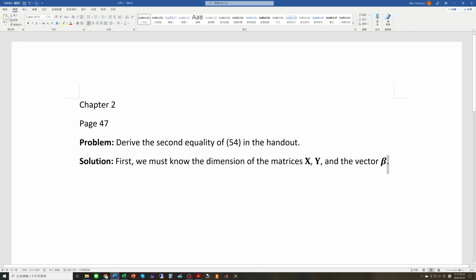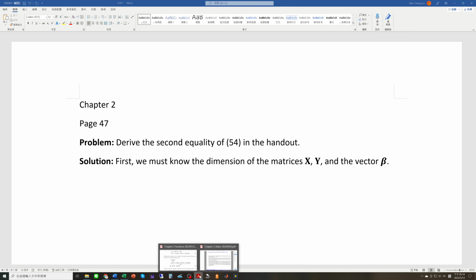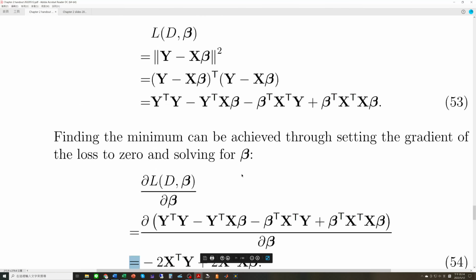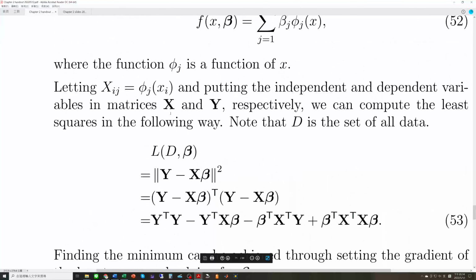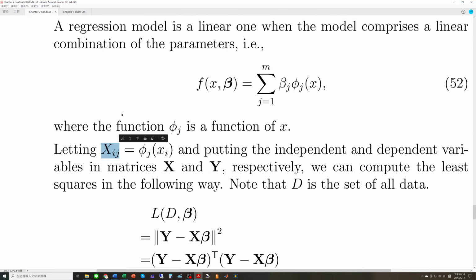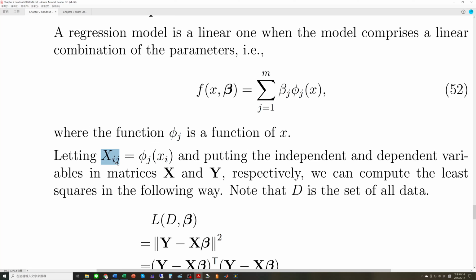First let us see the matrix X and find its dimension. Let us go back to the handout. The elements of matrix X are Xij. Let us find the values of i.